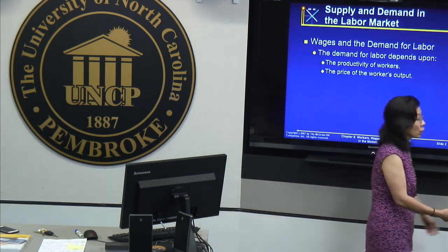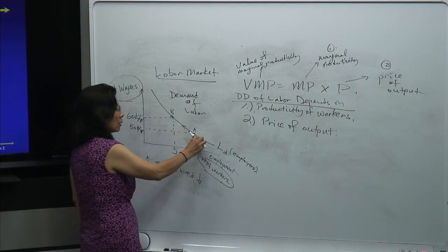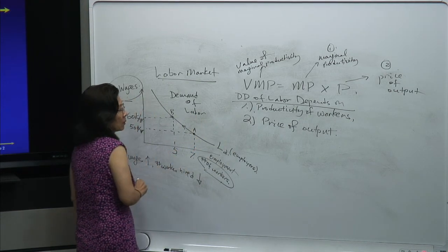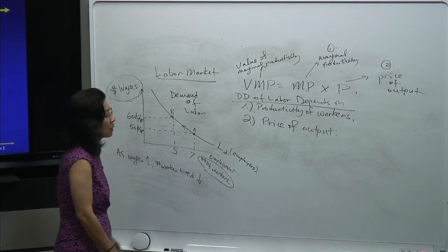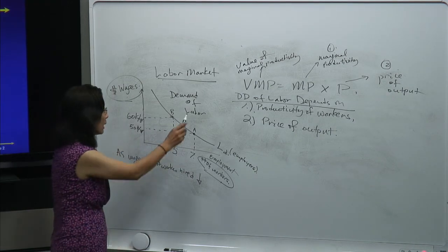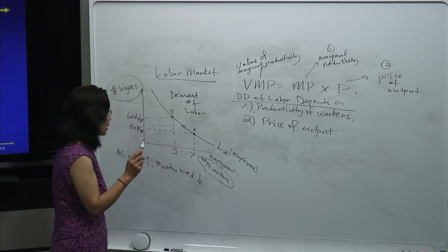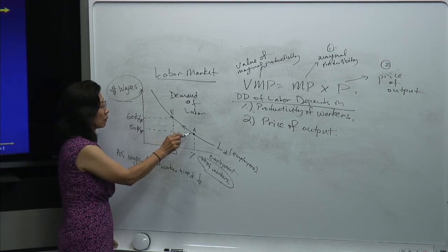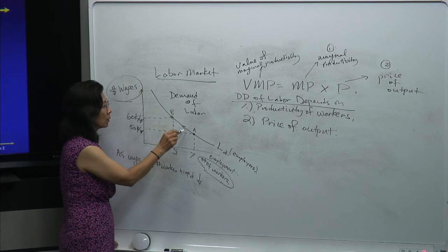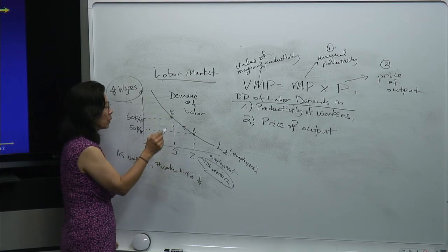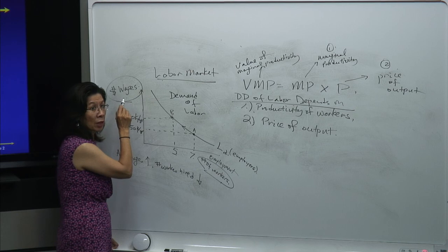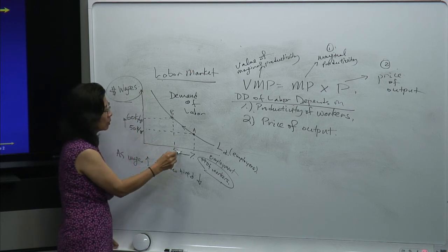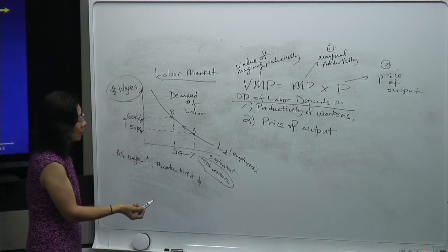That means the labor demand curve will shift to the right if one or two happens, or it could be a combination of the two. But to make it simple, one at a time. Make sure you know the difference between movement along a demand curve from point A to point B due to its own price change, in this case from 50K to 60K, so the number of workers dropped from 7 to 5.